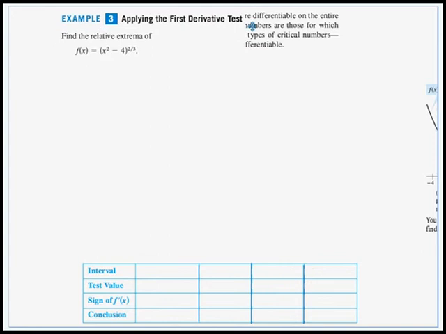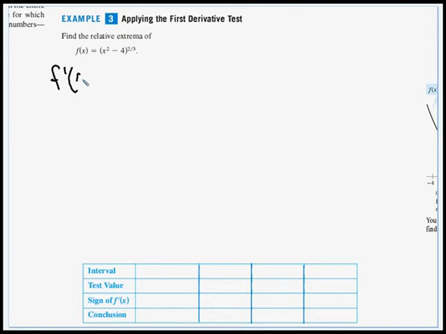So here in example 3, it says find the relative extrema of f of x is quantity x squared minus 4 to the 2/3 power. We are going to take that derivative, f prime of x. That's going to be equal to 2/3 times our quantity, x squared minus 4 to the now negative 1/3 power. And then the chain rule says we have to take our inner function's derivative.